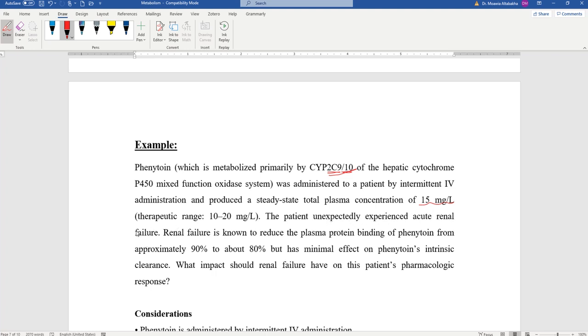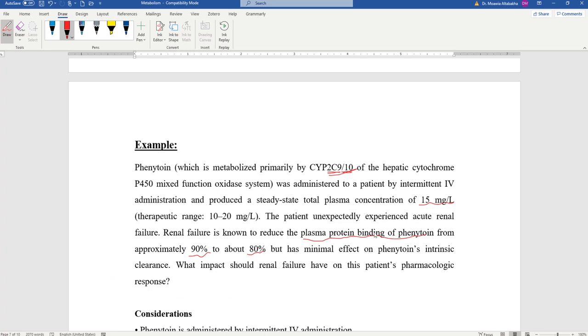He got renal failure, and you know what that means, the GFR will be less than 15 ml per minute. Okay, renal failure is known to reduce plasma protein binding of phenytoin from 90% to 80%.